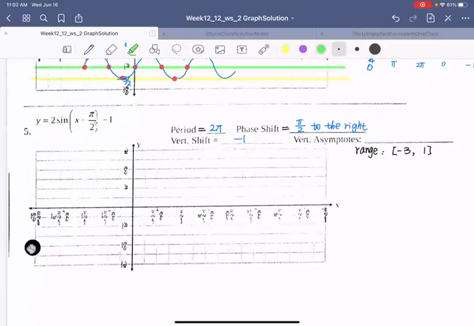Let's draw it. So is it all right if we start at pi over 2? Yeah, let's draw the trough and the peak position and the midline, okay? So the midline is -1. Okay, the midline is -1.